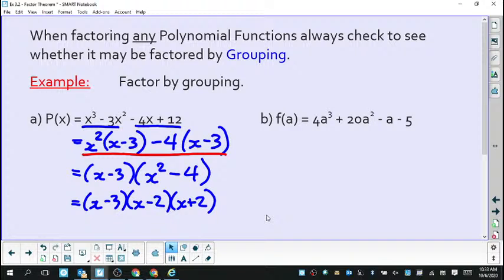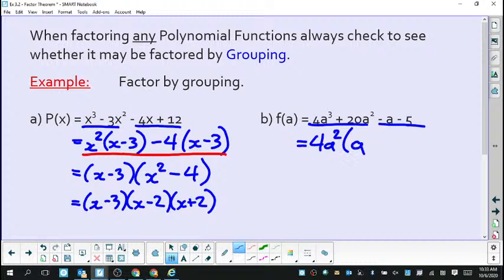All right, I get 4a squared, a plus 5. What do I factor out of the next two? -1, negative a plus 5.